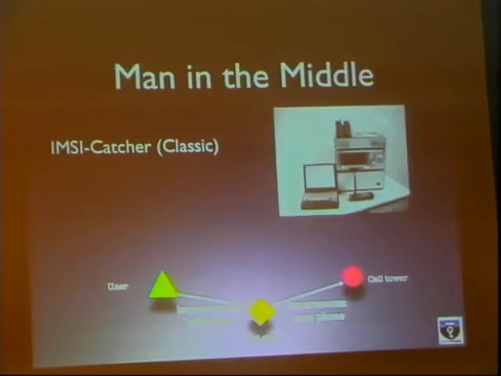This system has a number of drawbacks. One of them is that it usually causes network disruption, because if you're not the only guy around, then you have problems with other people trying to book into your simulated cell. Then you have the problem that this call is not showing up on the user's phone bill when you're not also impersonating the SIM credentials, which is a little bit hard to do.